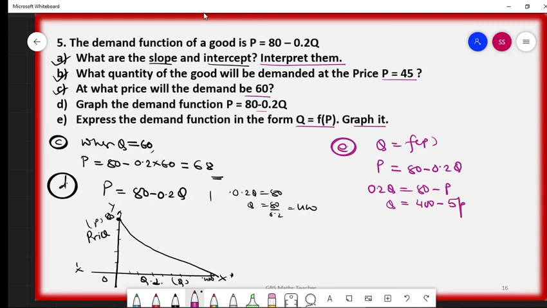This is the function Q equal f of P. In terms of P we have defined this function.